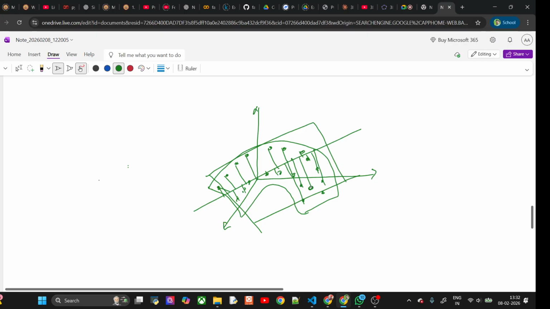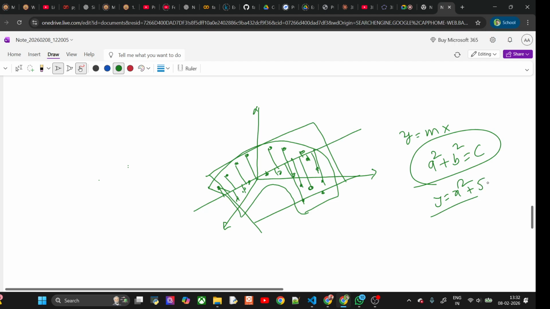and they are not following a relationship like y equal to mx. They may have a square relationship, like a square plus b square equal to c, or something like y is equal to x square plus 5. So they do not have a linear relationship.